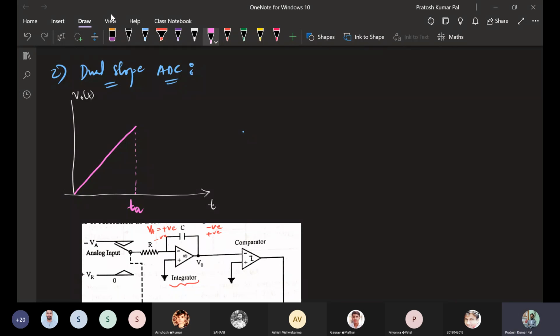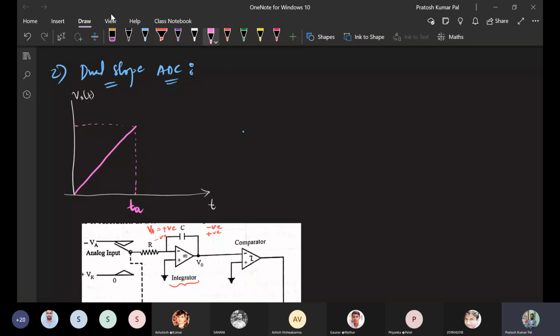Suppose at ta this will be the output. If the input is negative, then the output will be a positive value coming out here. So it will be a maximum value.